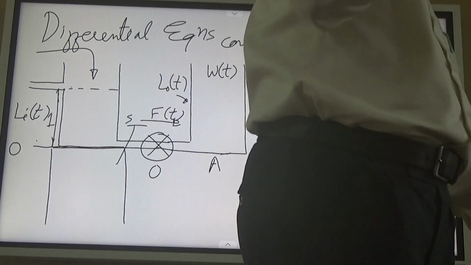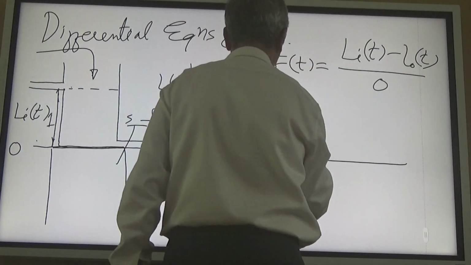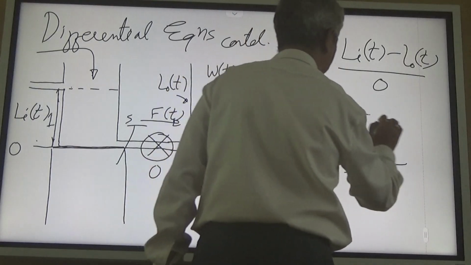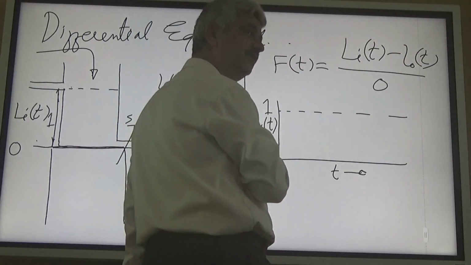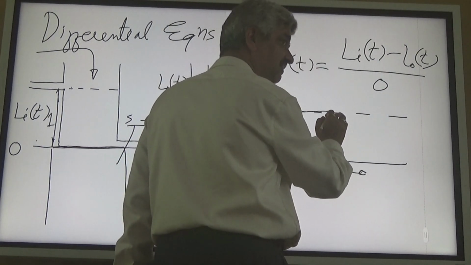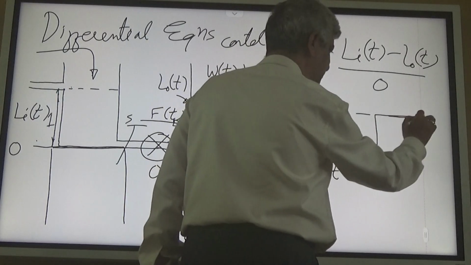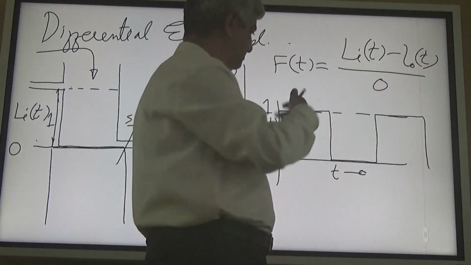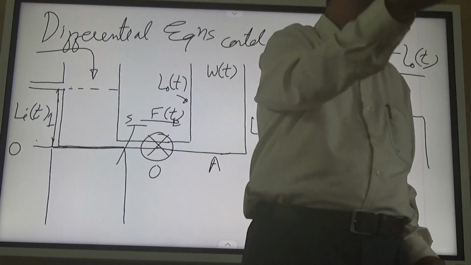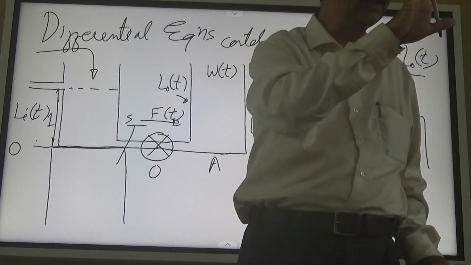So LNT, which in the previous case was constant 1, would now be a square wave. 10 seconds at 1, 10 seconds at 0, like this. Is it okay? I can change this to 1 minute, 1 minute, or 5 seconds, 5 seconds. Is it clear? Everybody got it?